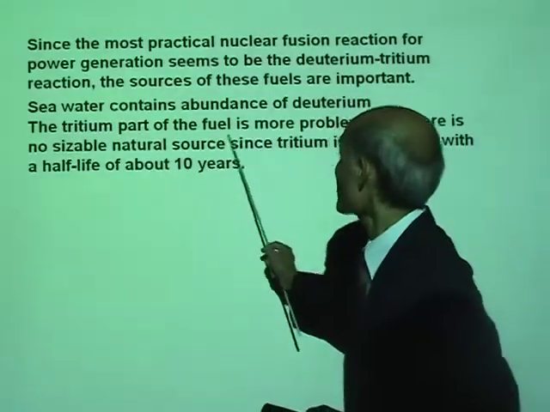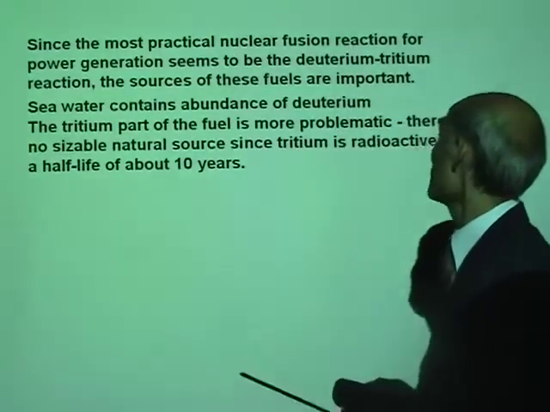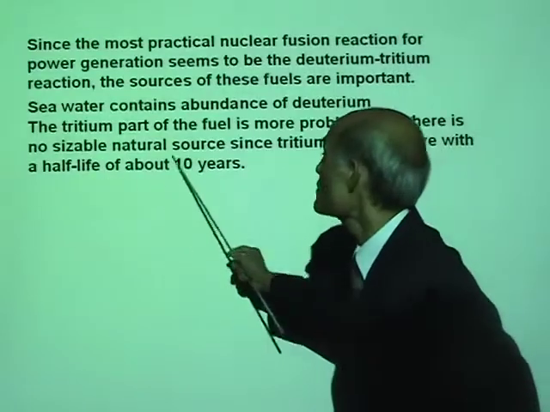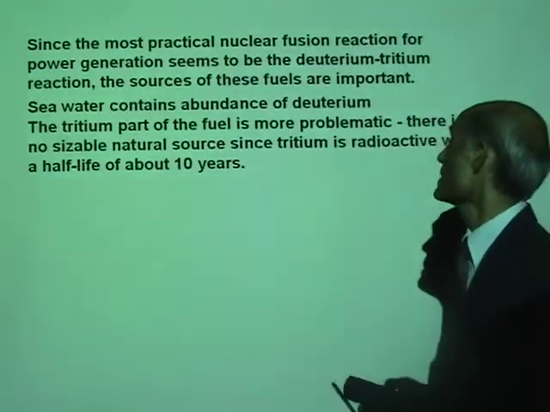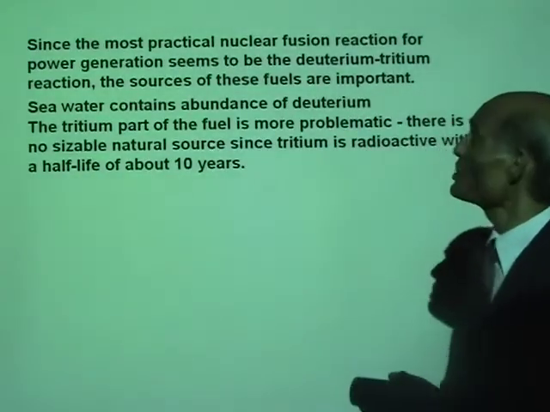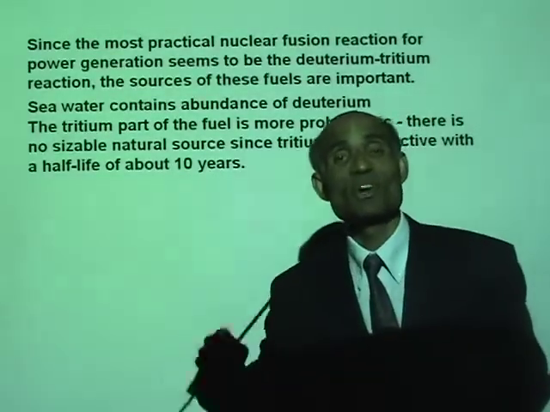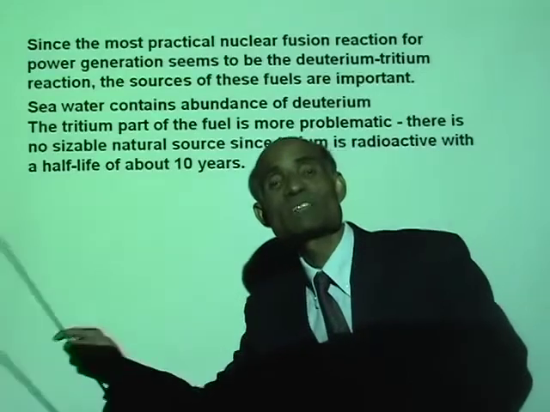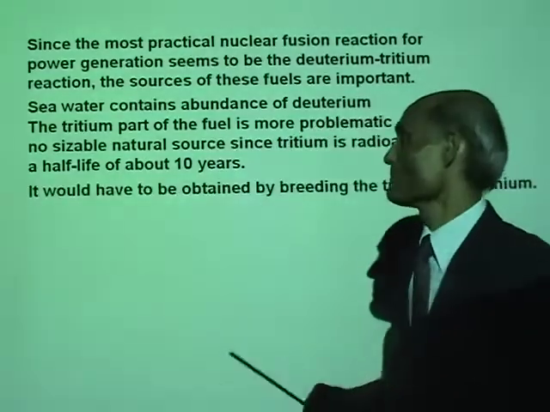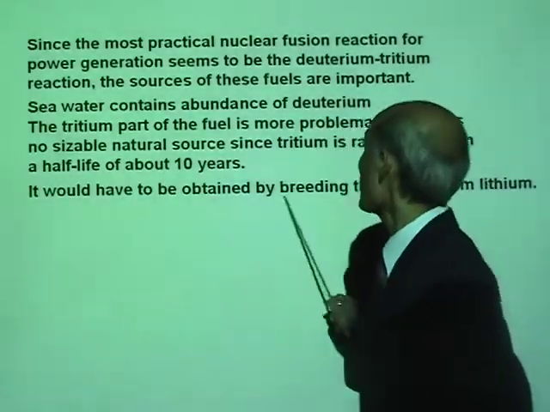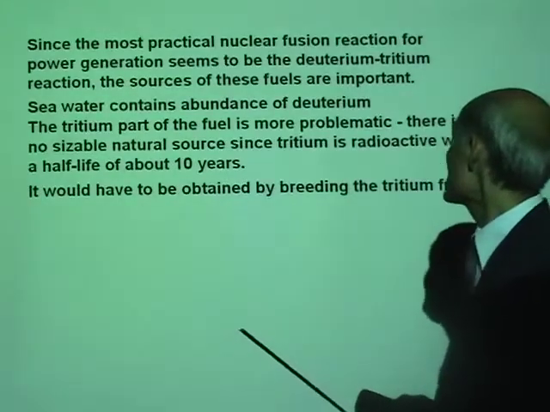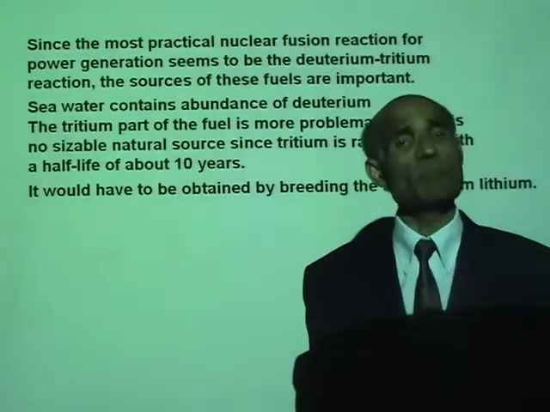The tritium part of the fuel is more problematic. There is no sizable natural source since tritium is radioactive with a half-life of about 10 years. So tritium will decay into other forms. It would have to be obtained by breeding the tritium from lithium.